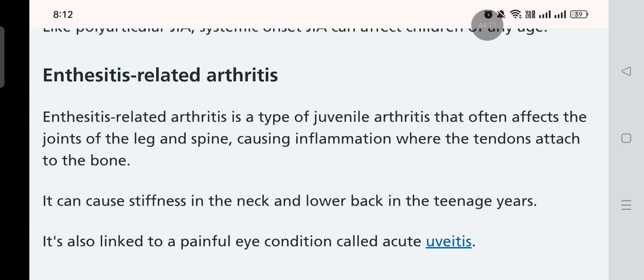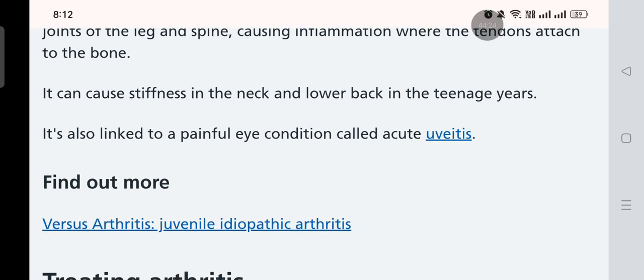It can cause stiffness in the neck and lower back in the teenage years. It is also linked to a painful eye condition called acute uveitis.